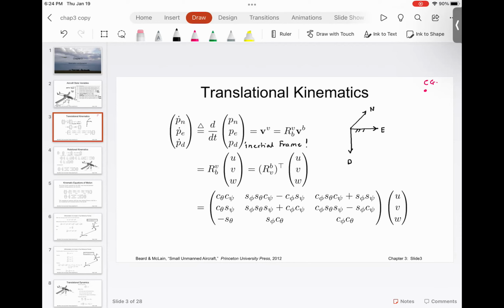And then I have these three vectors. So if you think about it, I have this one, which is PE. Then I have this PN.